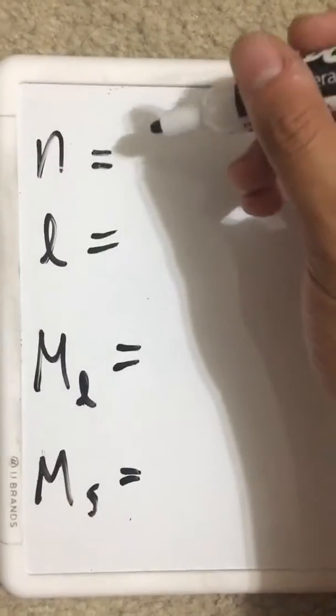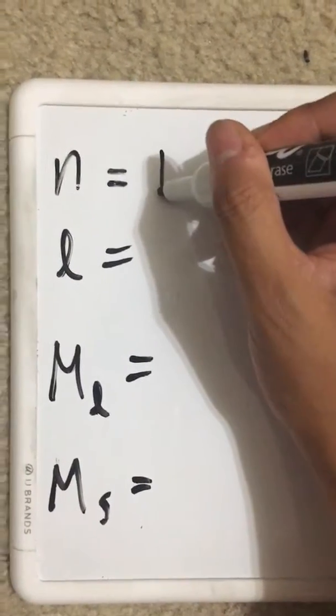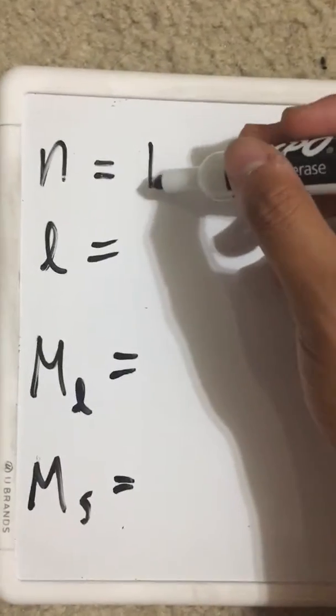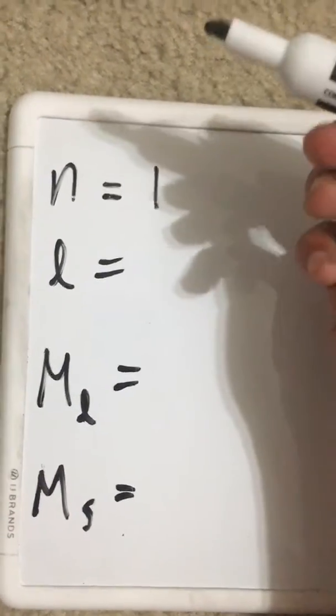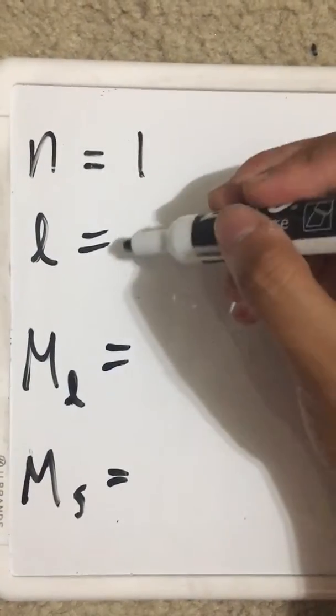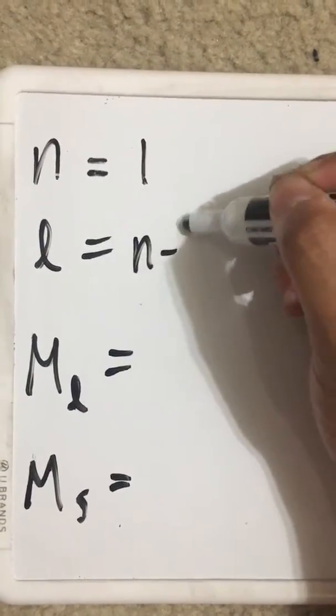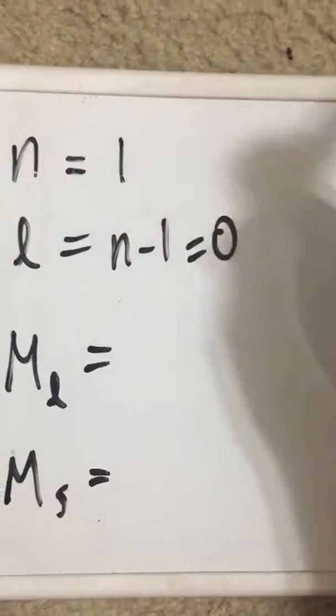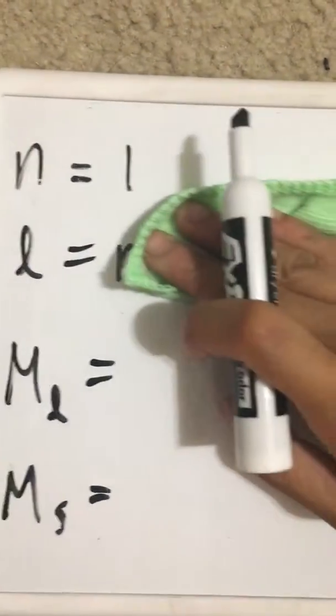Let's begin with the first energy level, so that means n will equal 1. L, the angular momentum quantum number, shows the shapes we are dealing with, or the sub-levels. And so, how to find this out? We use n minus 1, which is 1 minus 1, equal to 0. So that means L is 0.